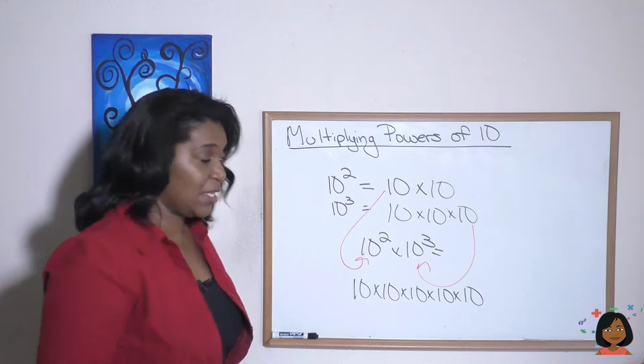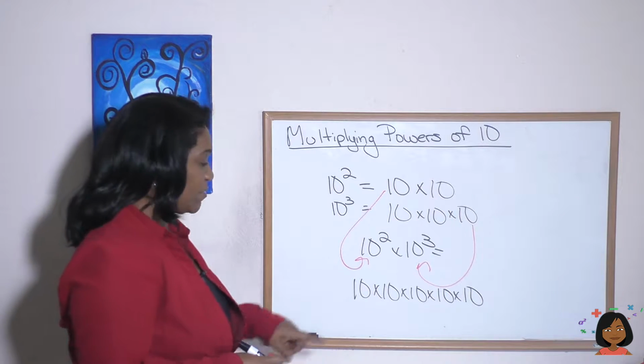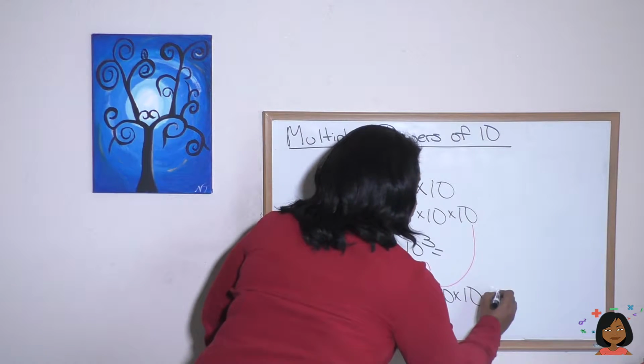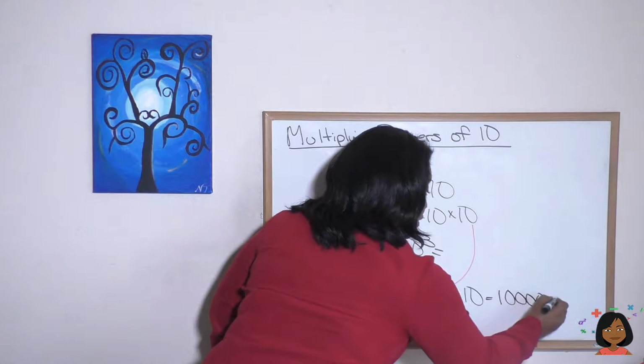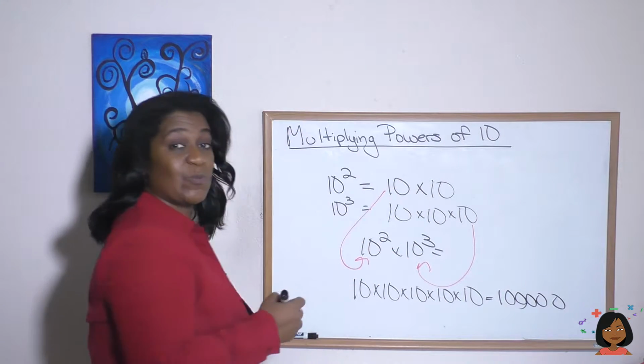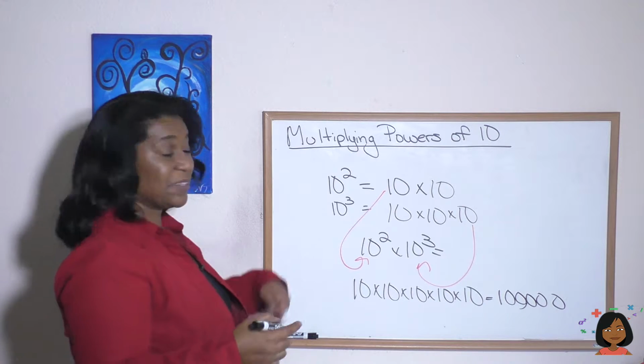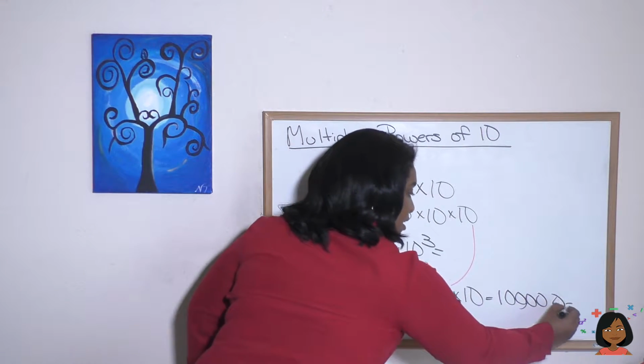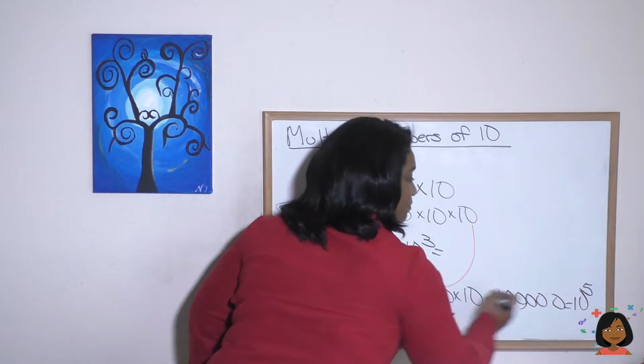Which means we just add up the number of zeros. 1, 2, 3, 4, 5. 100,000 would be our answer. And if I wanted to put that in exponent form, since there's 5 zeros, it would be 10 to the 5th.